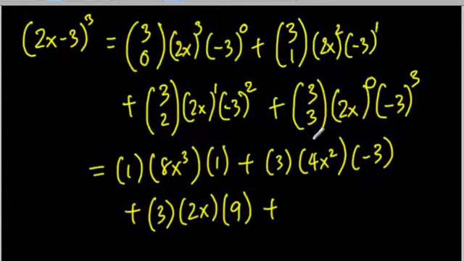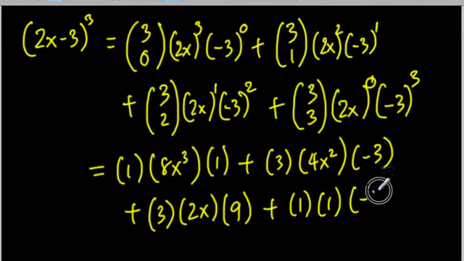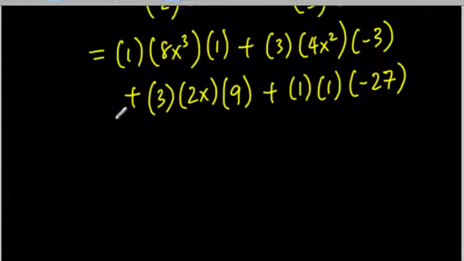Now the last term, 3 choose 3, is actually 1. 2x to the power of 0 is also 1. And negative 3 to the power of 3 is actually negative 27. Okay, so we have one more step to go. So we're almost there. So 1 times 8x cubed times 1 is simply 8x cubed. 3 times 4 is 12x squared.